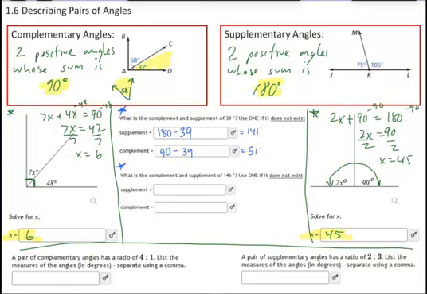Now, one of the ways that I remember the difference between complementary and supplementary angles when you don't have your notes available is I look at the spelling of them, because usually that will be part of the question, right? What's the complement or the supplement? Notice a couple things about the spelling here. Complement has one P in it. Supplement has two.